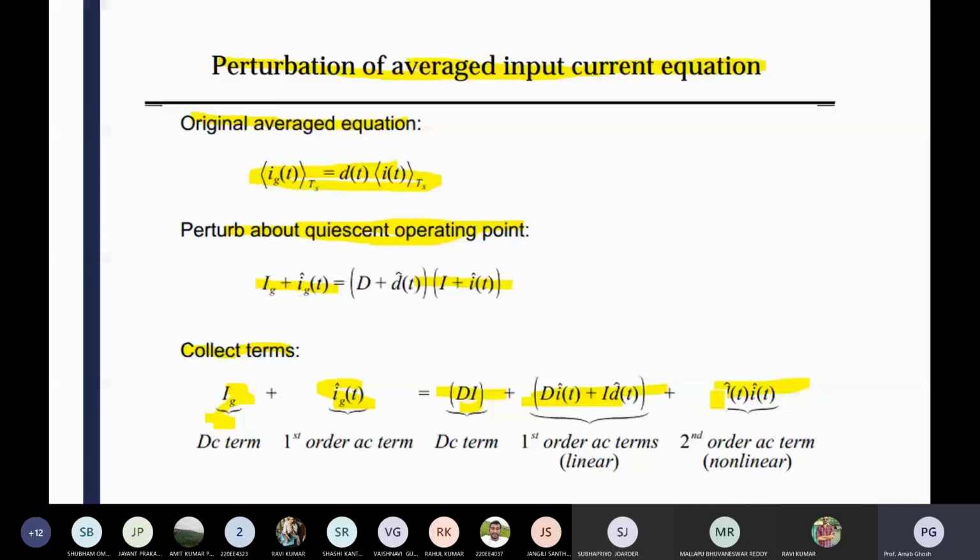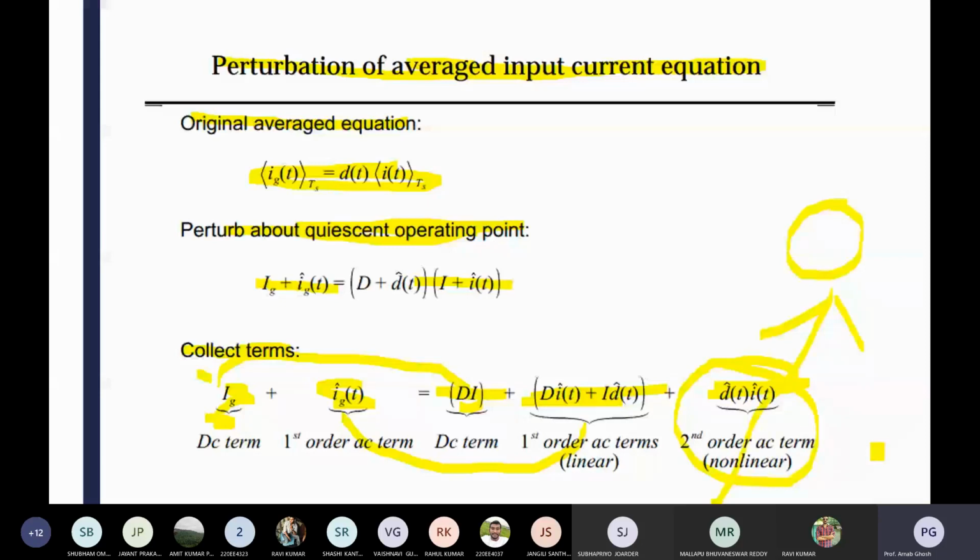So you are just equating the DC term with the DC term, then the AC term with the AC term, but this term will be 0. Basically, why is it 0? As there is no second order term on your left hand side, it goes to 0.